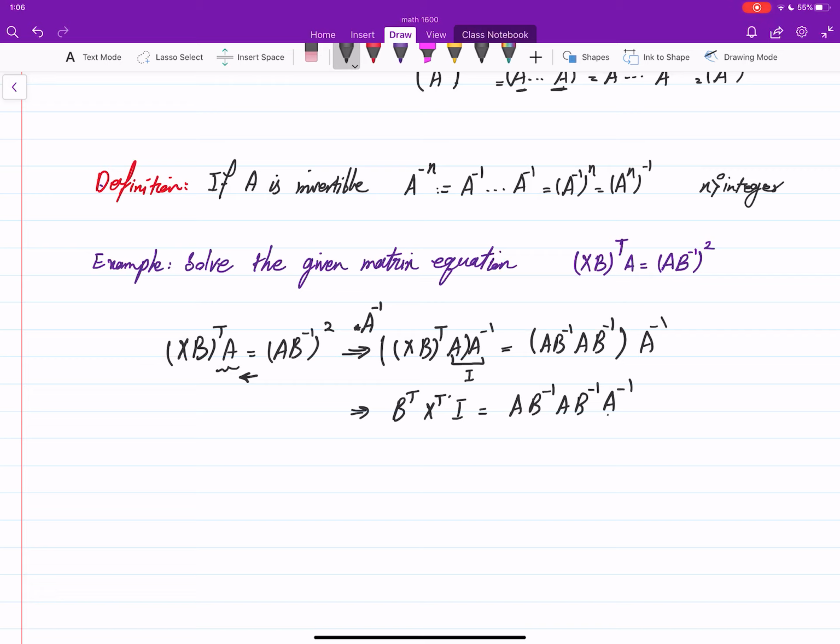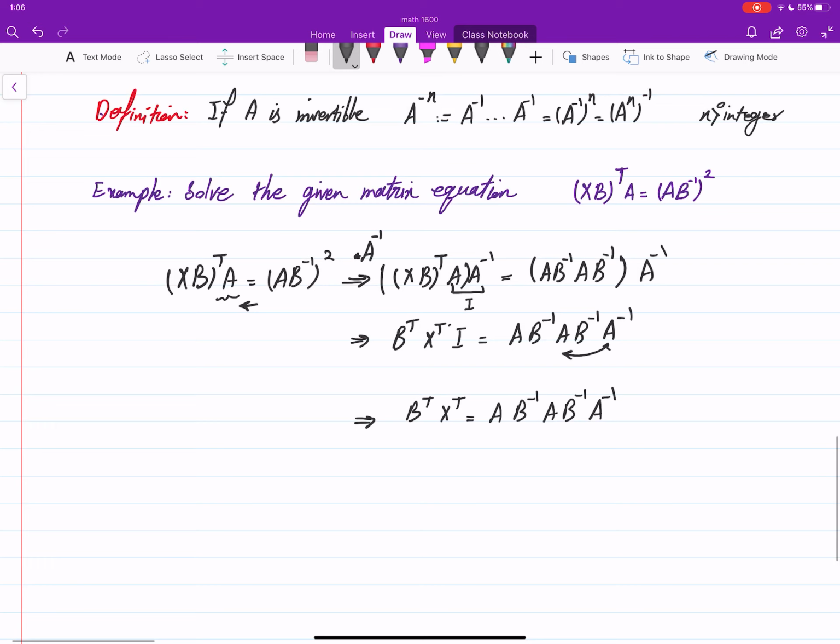You cannot bring this here and cancel A. We don't know if A and B commute or not. So you have to be very careful. Now identity goes away itself. And this is A, B inverse, A, B inverse, A inverse. And now, B is invertible, so I can use the property that B transpose has an inverse.